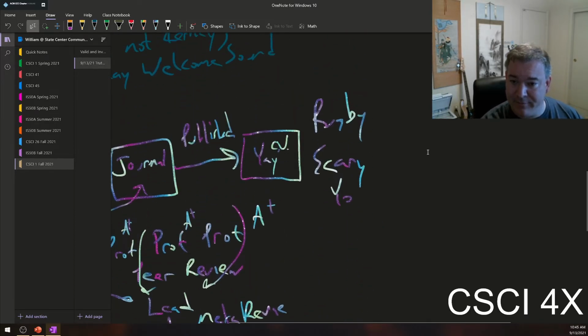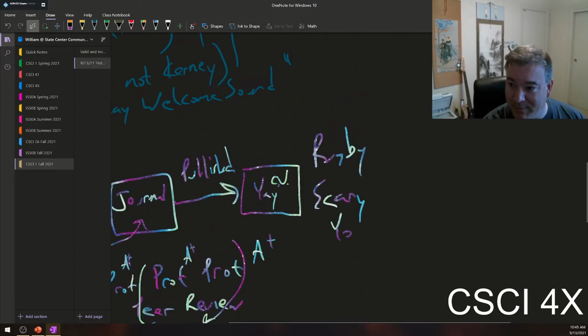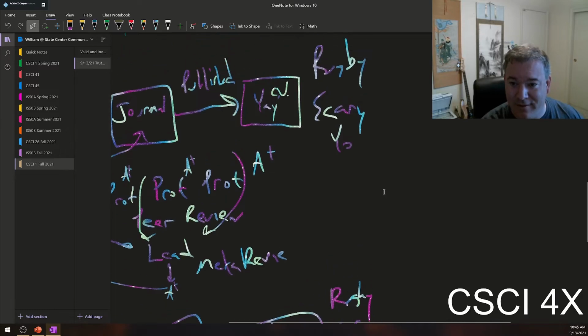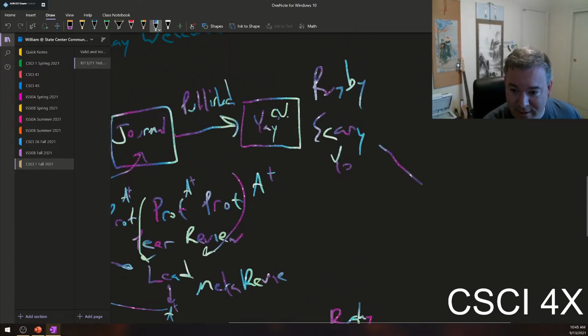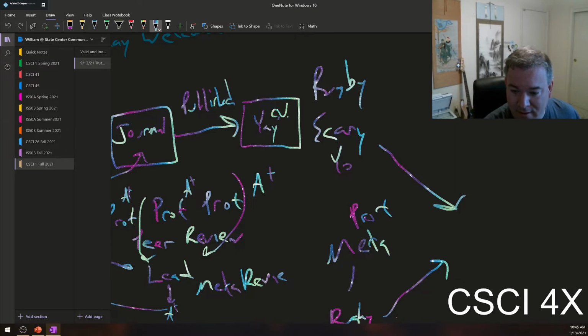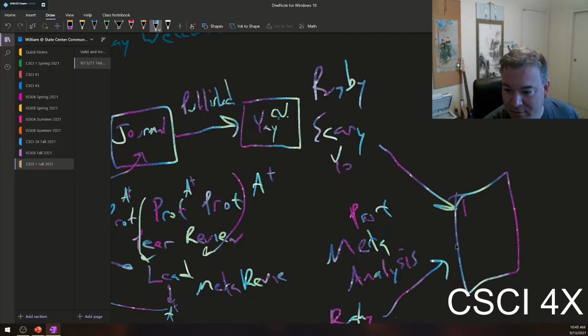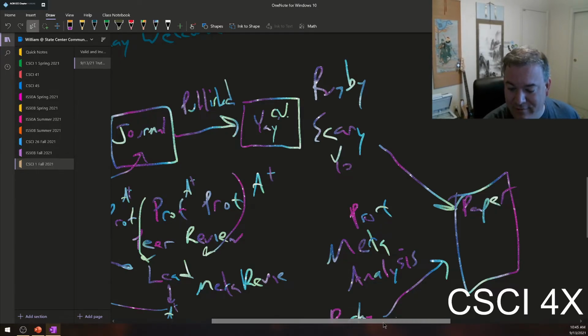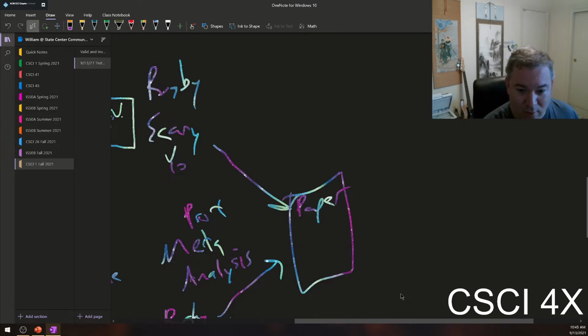Okay, so what happens if you have one paper saying one thing and one paper saying another thing is that you then do what's called a meta-analysis. So this is another professor, which is separate from the other ones, and that professor does what's called a meta-analysis. And then they put together a new paper that combines all the other papers, that grades them.